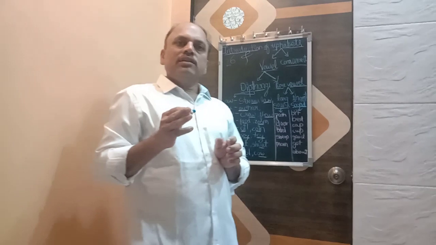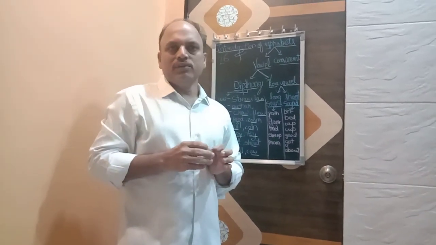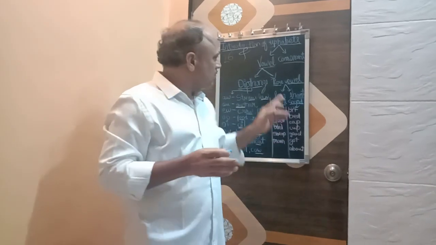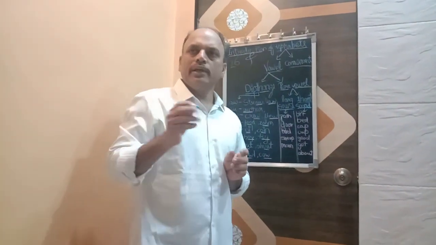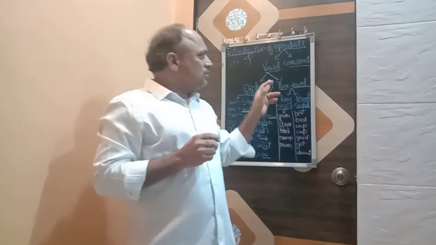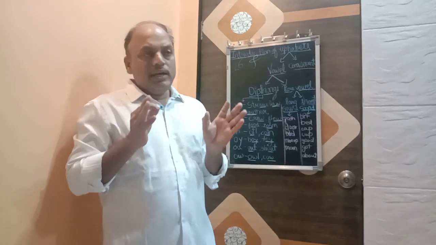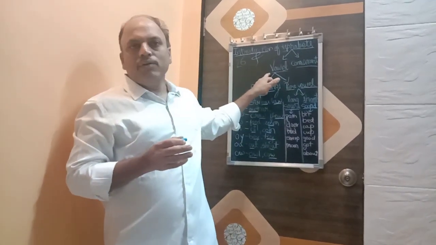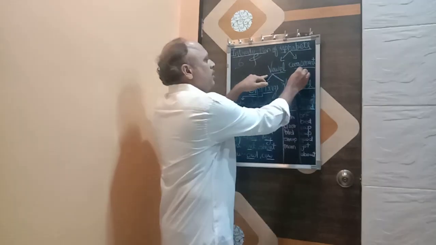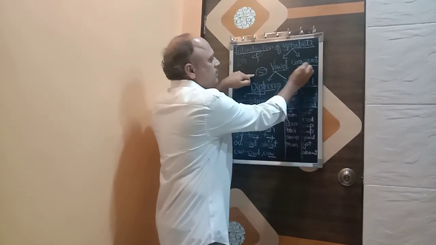Then these alphabets are further divided into consonants and vowels. There are 21 consonants and 5 vowels.